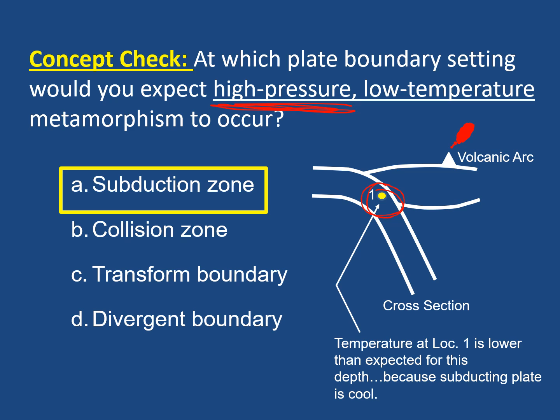And at those depths, we might also expect high temperature, except in this particular environment, we're embedded within a relatively cool plate. And at this point, the plate hasn't yet warmed up very much. And so even at those relatively great depths, we have a low temperature because the plate is cooler to begin with.